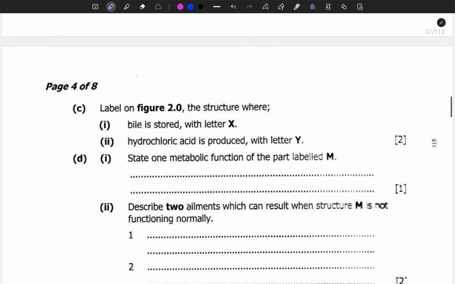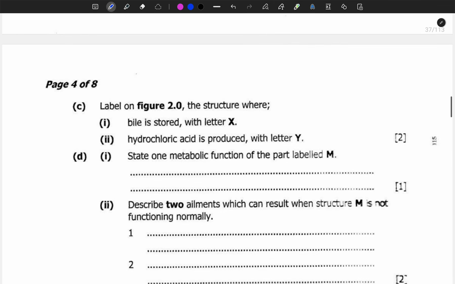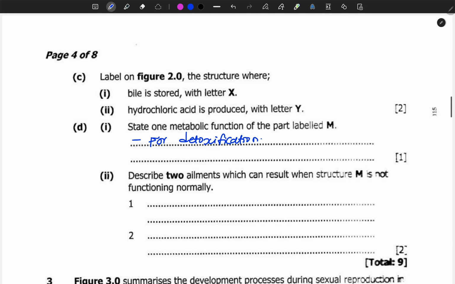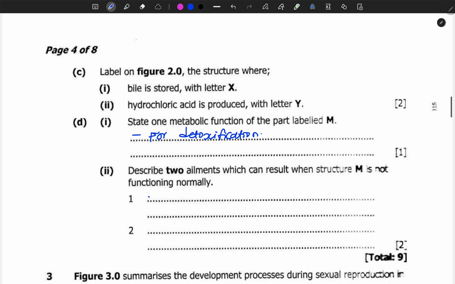State one metabolic function of the part labeled M. So metabolic function, we can say detoxification. Describe two ailments which can result when structure M is not functioning properly.